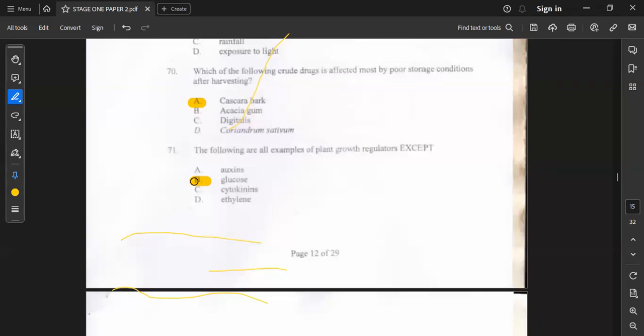What about jasmonates? Is that a growth factor? I'm not sure.